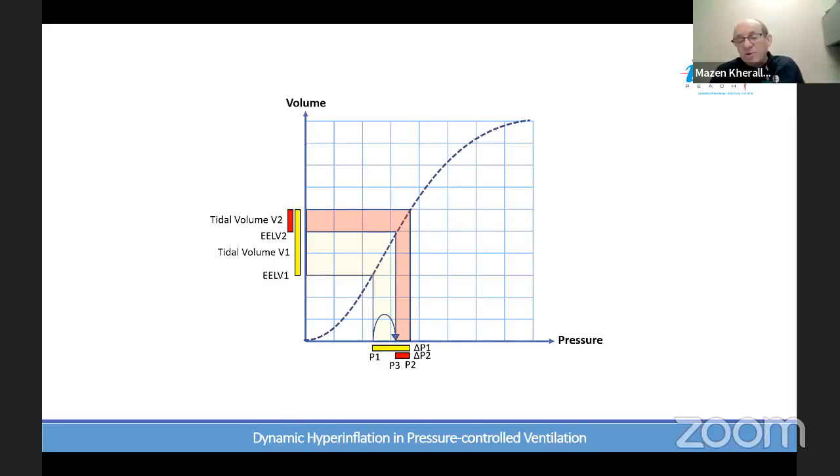Now, if the increased resistance is much higher, or if you set the ventilator at a very fast rate, let's say 40 per minute, at that time you develop dynamic hyperinflation for those patients, and you need to make adjustments on the ventilator that actually decrease the minute ventilation.